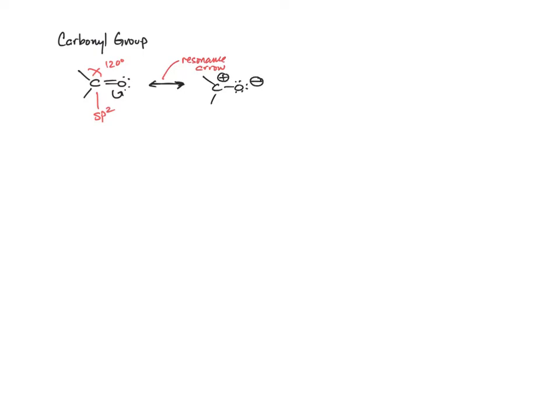We see that the carbon has a formal positive charge and the oxygen a formal negative charge. Why is this resonance important for us? Because it basically is telling us that the carbon is electrophilic, so nucleophiles can attack it. And then the oxygen, as we see with this arrow, can accept a lone pair. So we're able to attack with a nucleophile, break this pi bond, and then the oxygen accepts the lone pair.